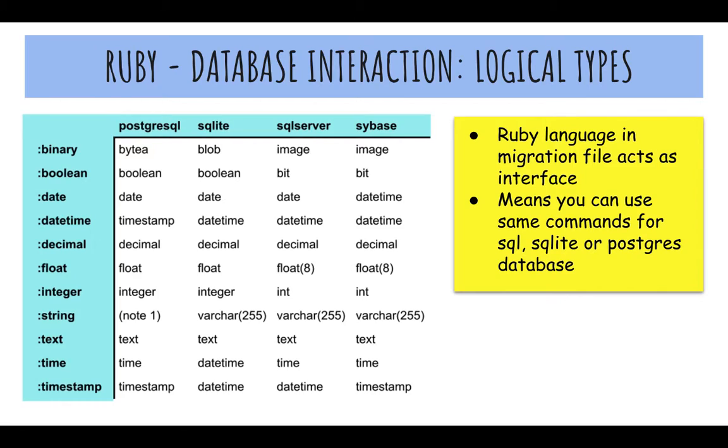So our Ruby language in the migration file is acting as an interface for our SQL interaction, and it means we can use the same commands for all of these different types of database.